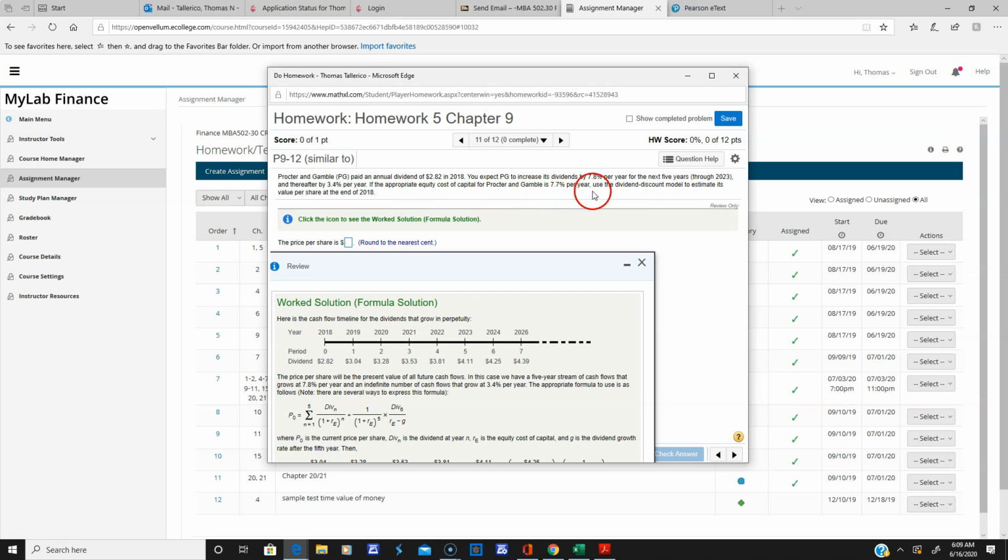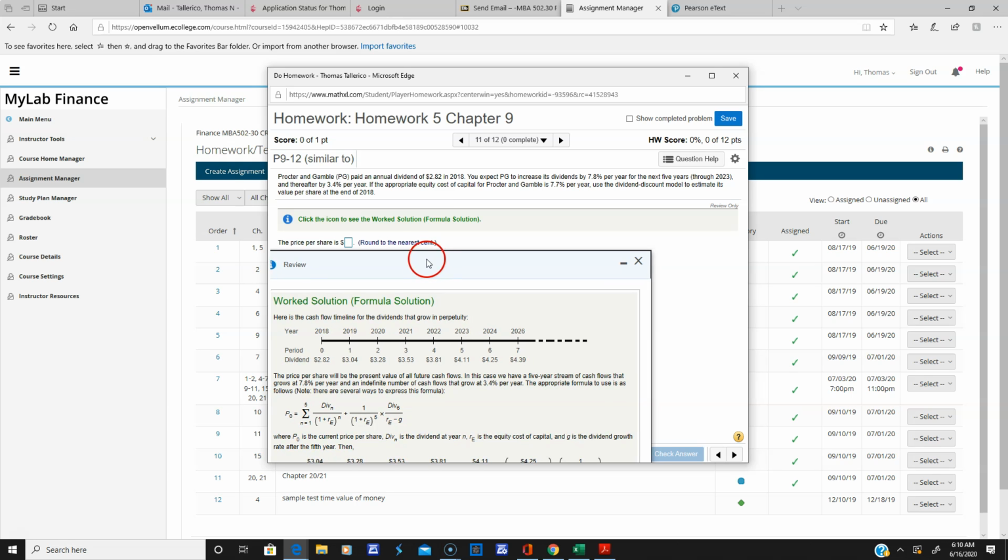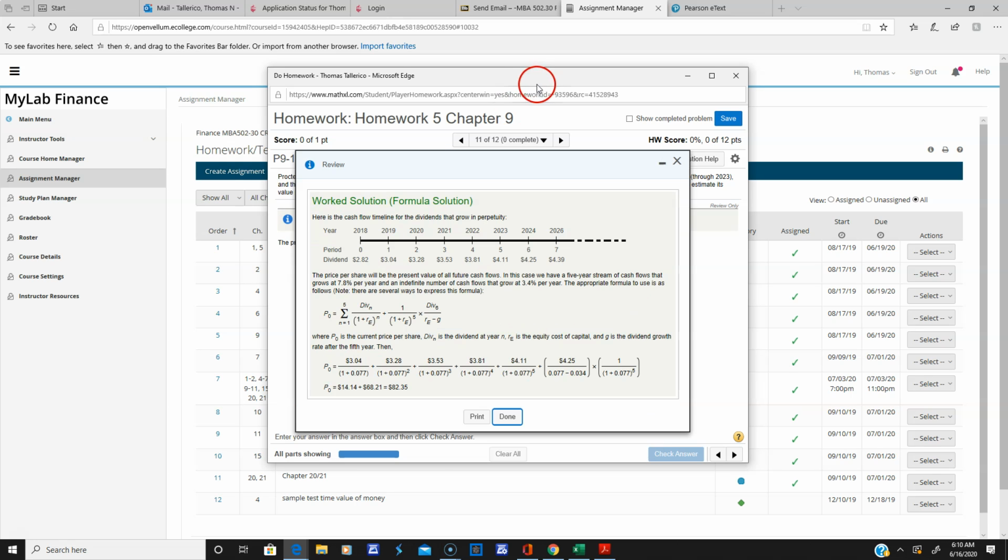So we're going to use this dividend discount model to estimate how much the share is worth based on cash flows. Let me bring this up, and then we'll go through this. So again, here's the timeline and here's the dividends. These are all given, by the way; you just calculated them by the percentage.